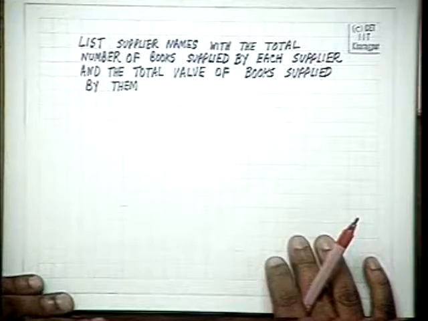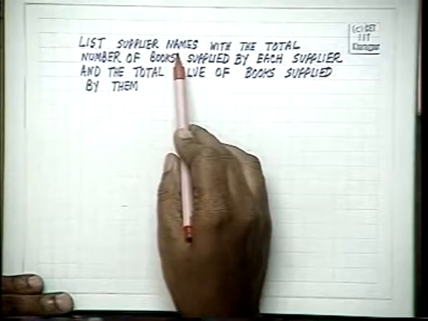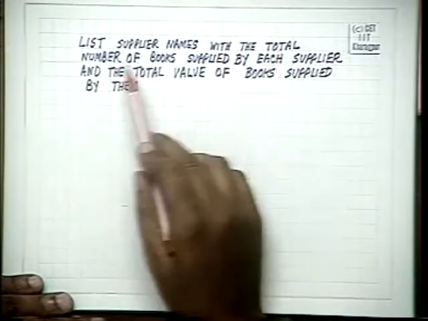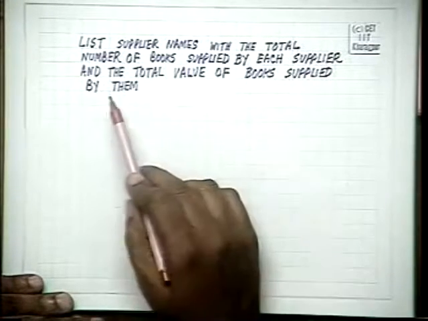Let us take another problem. List supplier names along with the total number of books supplied by each supplier and the total value of the books supplied by them.